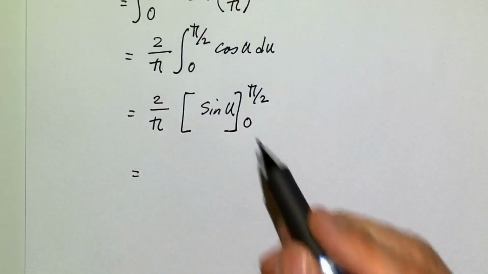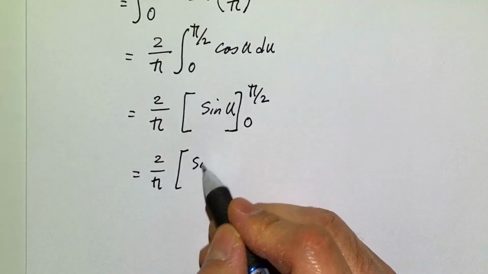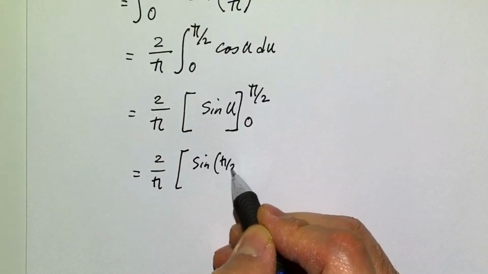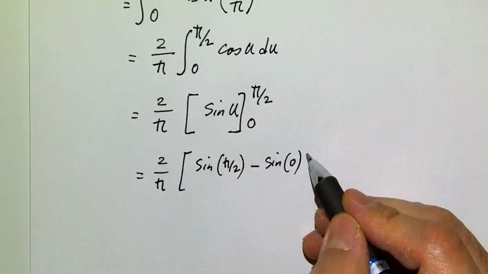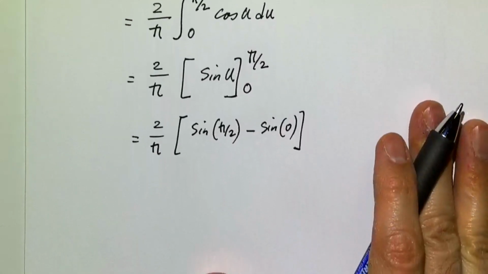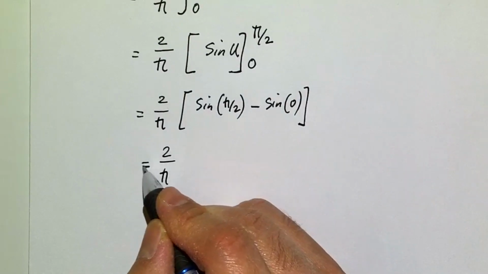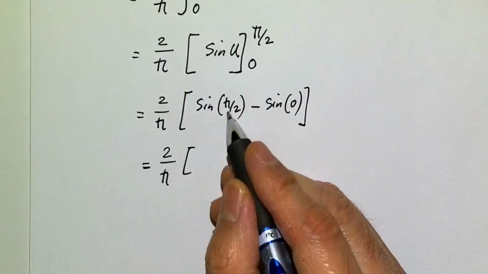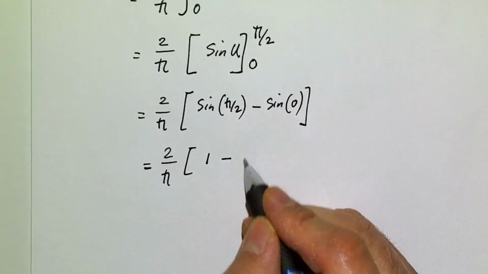This is a definite integral, so we have to evaluate sine at pi over 2 minus sine at the lower limit. And what do we get? We get 2 over pi. Sine of pi over 2 is just 1. Minus that is 0.